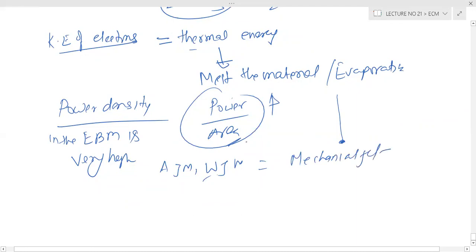As I said already, here it is called thermal jet, because it produces thermal energy, right? And it is done in a vacuum.